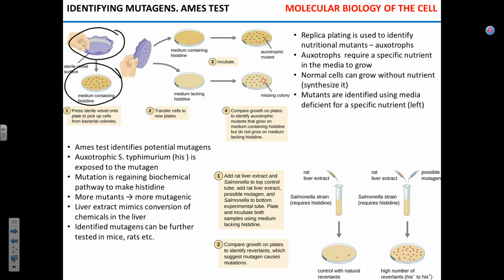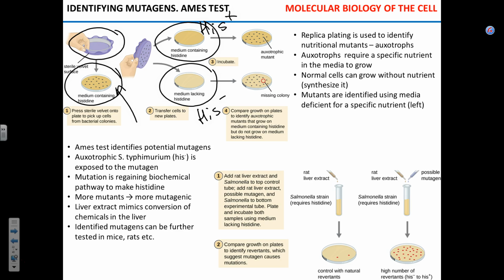And you attach the transfer pad to the initial set of colonies and move that pad to two different media. One medium has histidine and another one does not have histidine. It may be histidine, it may be some other amino acid. It doesn't really matter that much. Okay? Make sense so far?